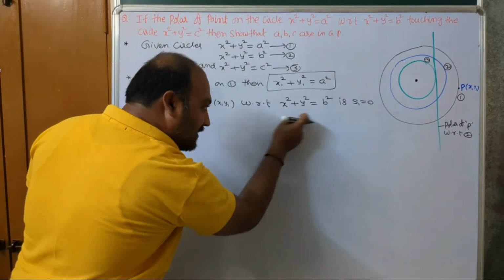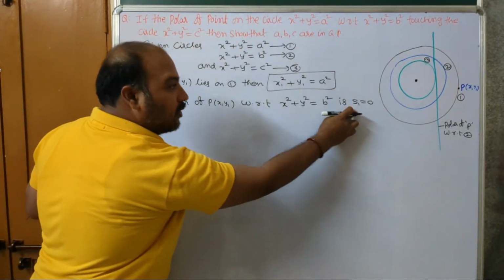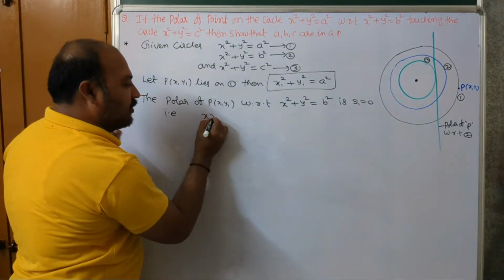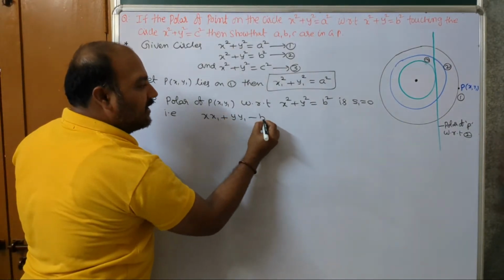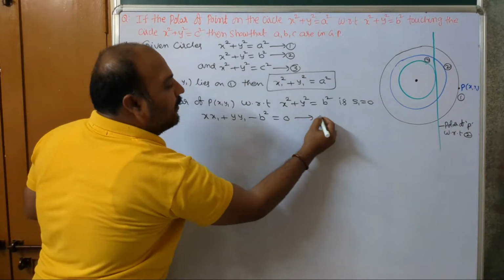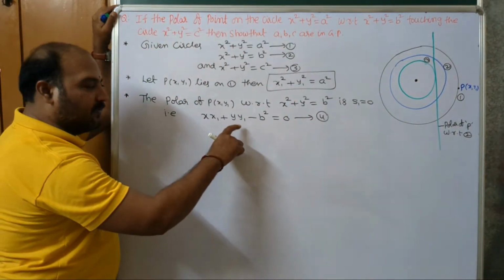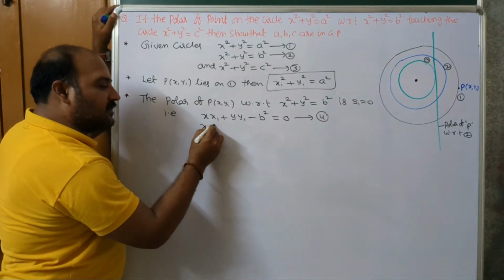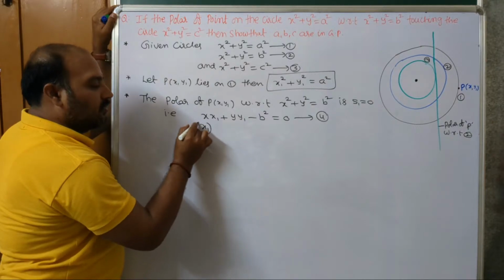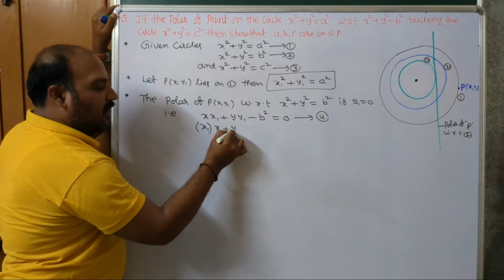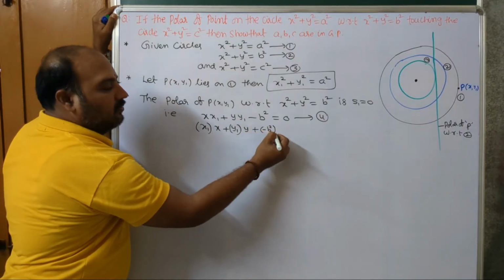According to this circle, S1 equal to x1 x plus y1 y, with b square brought to the side, minus b square equal to 0. Keep it as equation number 4. You write it in the form of ax plus by plus c. So we can write it as x1 into x, y1 into y, minus b square.